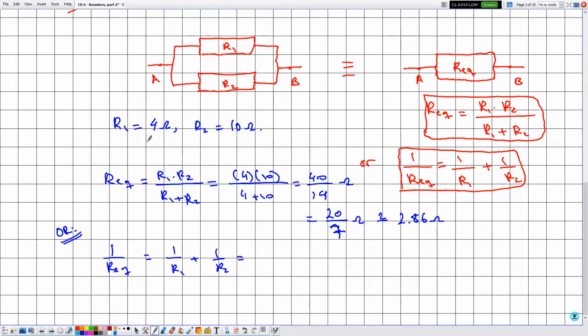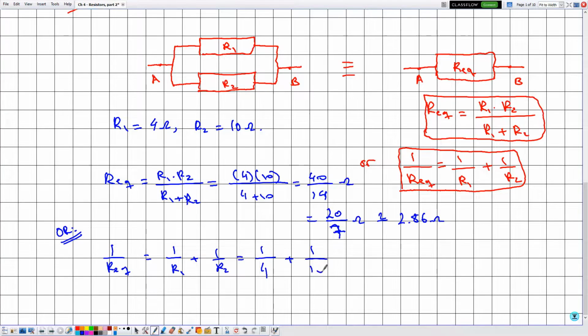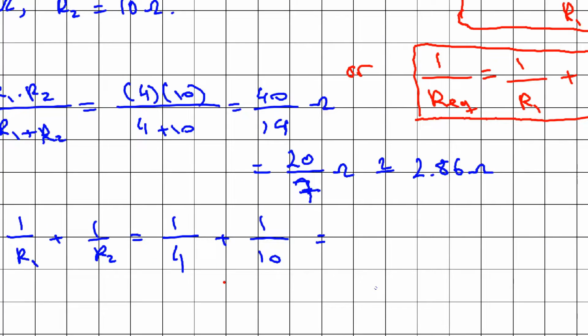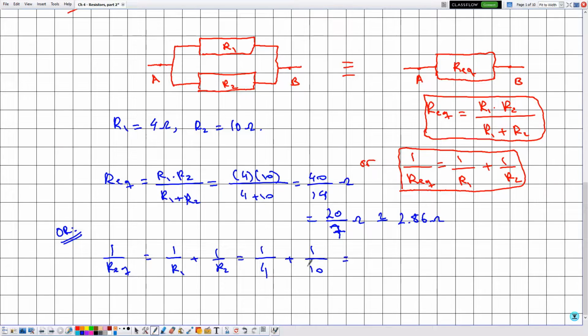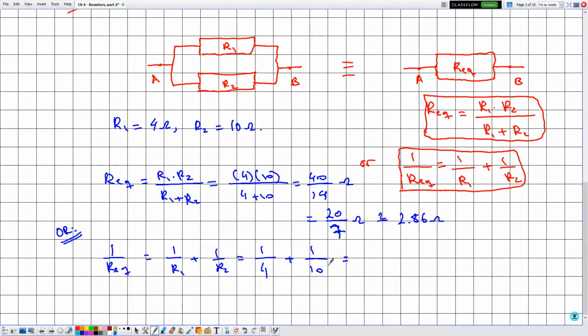Then the value of R1 is 4, and the value of R2 is 10. Now notice that here we are adding two fractions, so we need to consider the common denominator, or we can simply plug this expression into the calculator and it's given by 7 over 20.